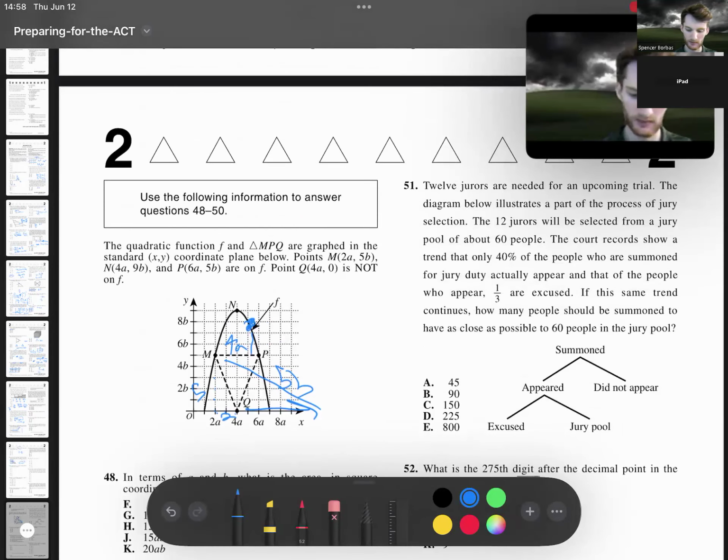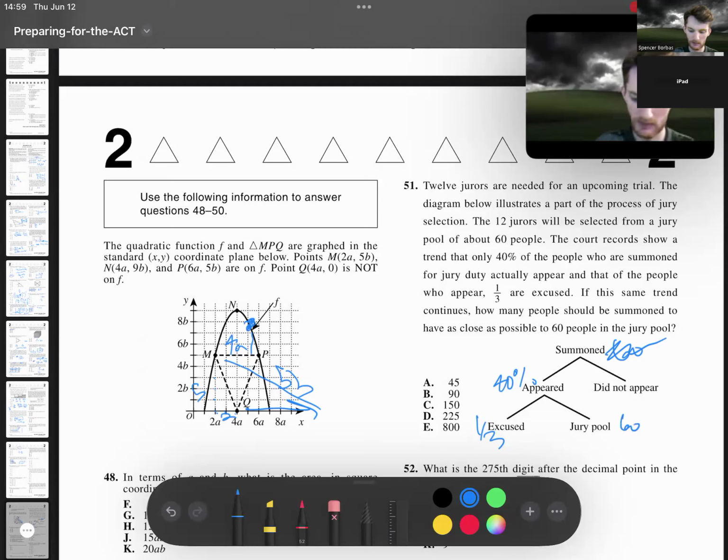12 jurors are needed for an upcoming trial. All right, 60 were summoned. All right, you want this to be. Oh, so this is not needed information.